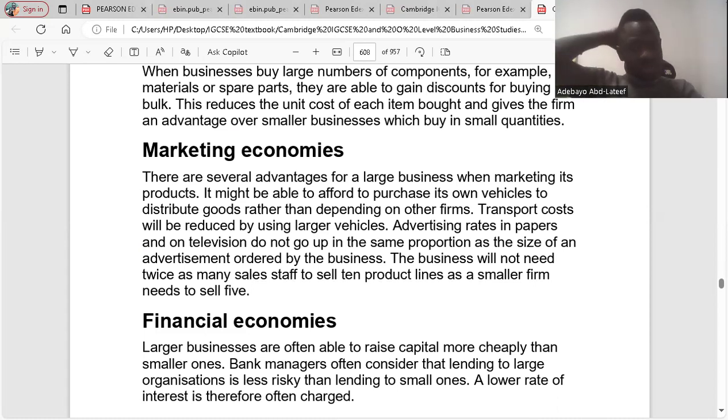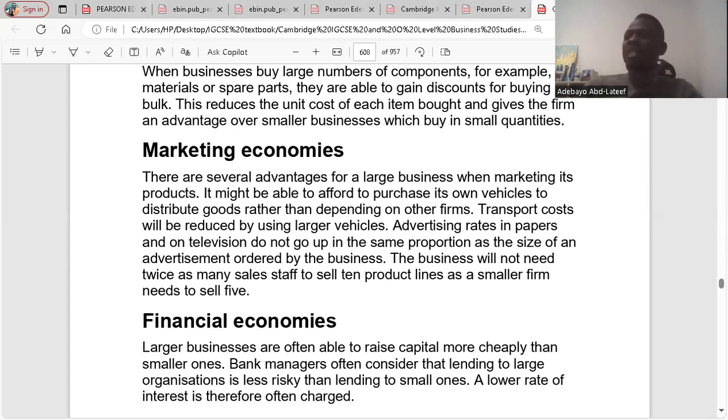So for marketing economies of scale, what it means is that because you are a big firm, you have the advantage to negotiate for a smaller amount of money for your adverts. And even if you want to spend more, you have the opportunity to spend more because you're a big business. Do you get it? Yes. So this advantage you have, smaller businesses cannot have them. Do you understand?